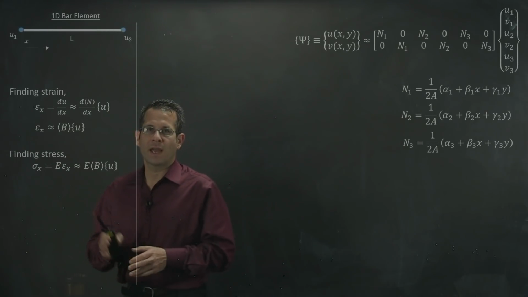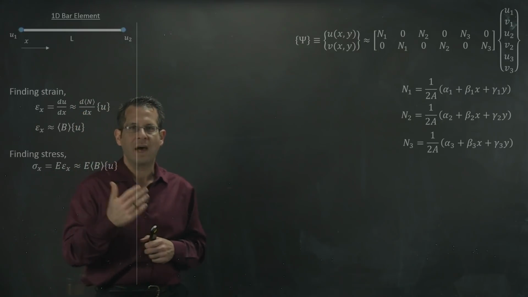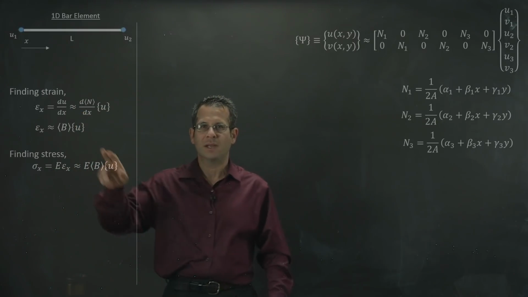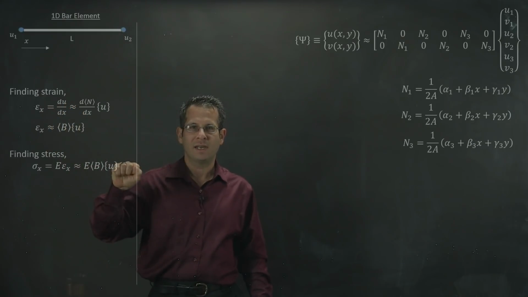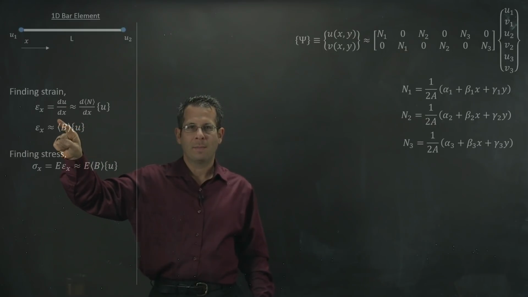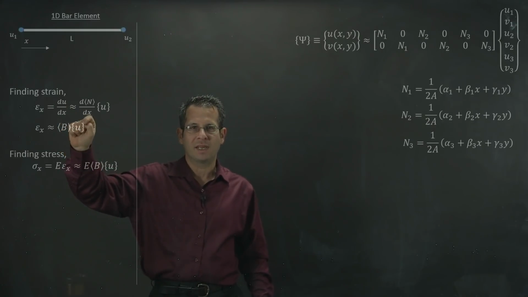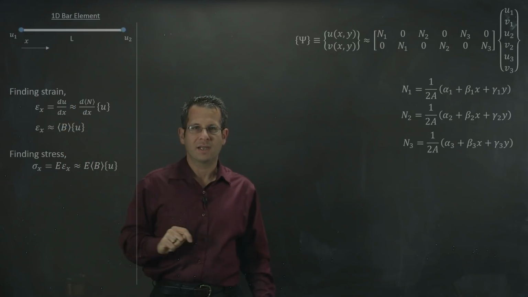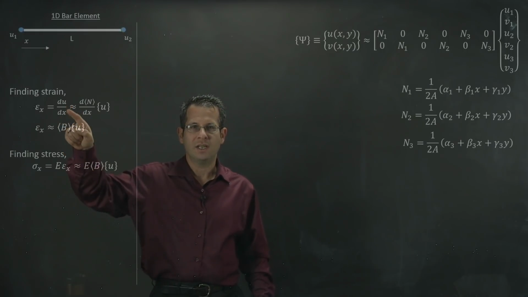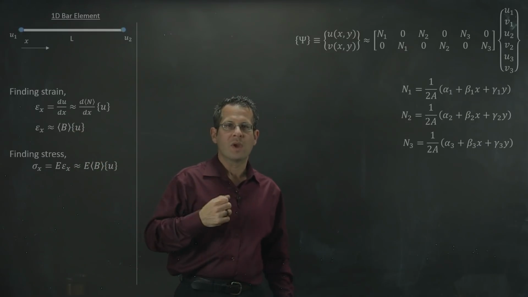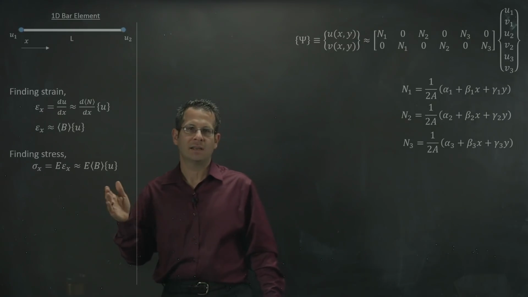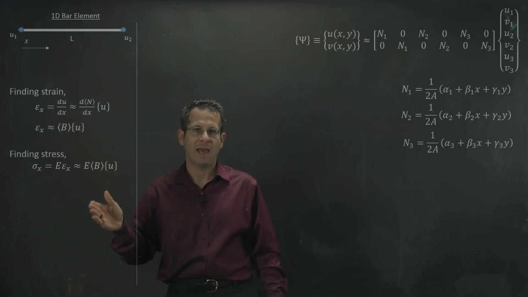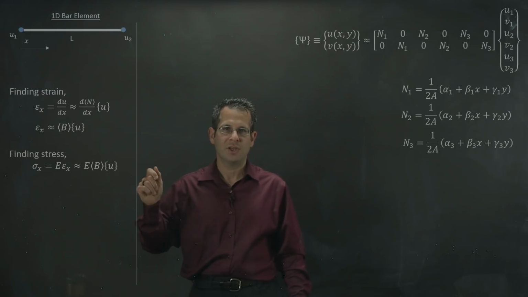Remember when we were looking at a one-dimensional bar, we found our approximation for strain because we knew the definition for strain was the change in the displacement in the x direction with respect to the x direction, du dx. We approximated our strain in the x direction as the shape vector N times our displacement vector u.